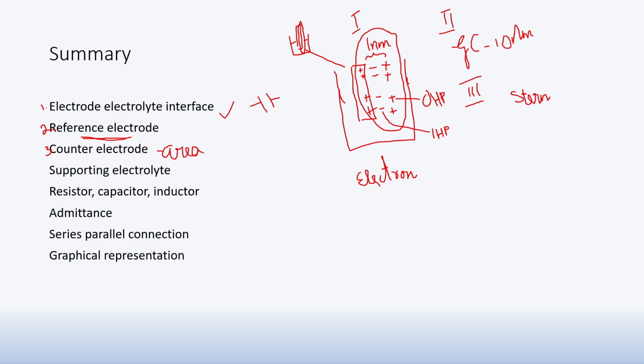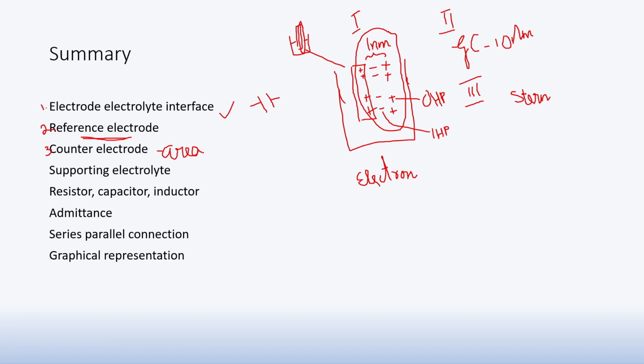Whatever current is passing through the working electrode will be passing through the counter electrode. So if the area of the counter electrode is very small, the current per unit area of that particular counter electrode will be large.